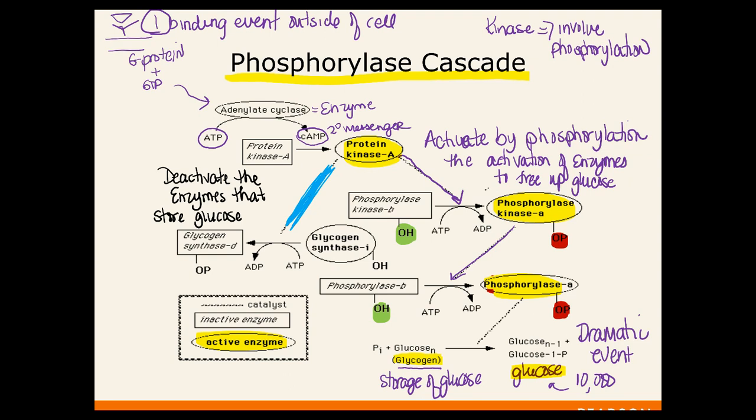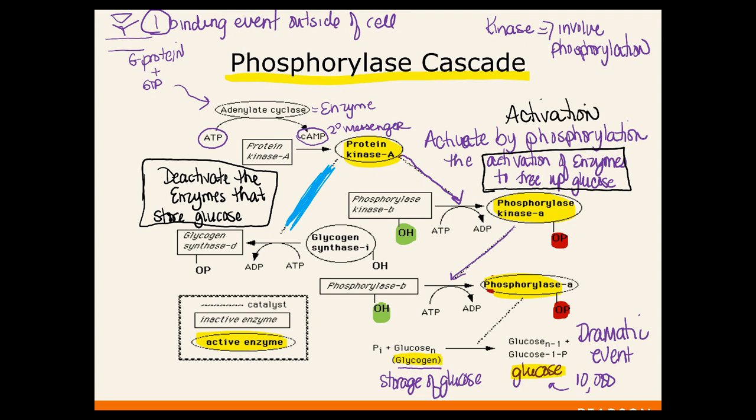So you see over here, we're activating enzymes to free up glucose. On this branch, protein kinase A will deactivate the enzymes that store it, because you want to shut that process down. So this is activation over here, and this is deactivation over here.